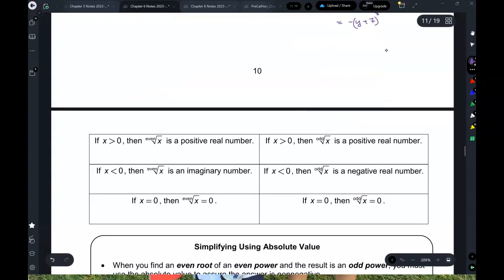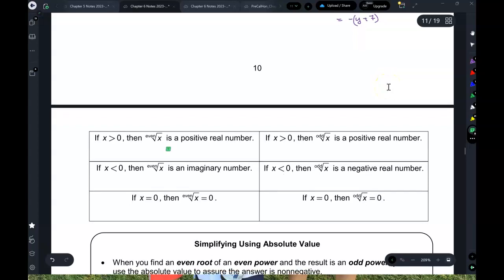Okay. So, we have a radical. If you have a radicand, so we have x inside, that's the radicand. Suppose x is positive, both of these, like this is root 9, 12, whatever.